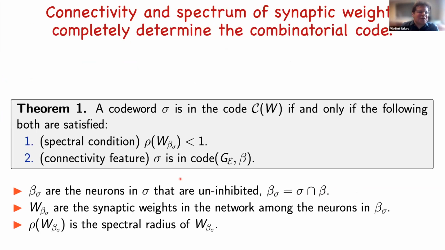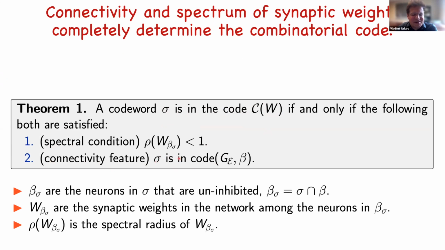Okay, so the first theorem is a complete characterization of the code of the recurrent network. Basically, it says that the code of the recurrent network can be described as follows. Sigma, which is a subset of excitatory neurons, belongs to the code if two conditions are satisfied.